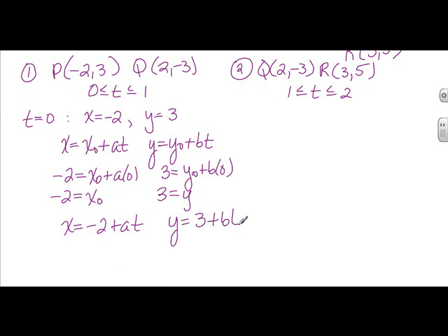Next, I need to figure out a value for a and for b. Well, think about the slope of this line: 3 minus 3 is 6, and -2 minus 2 is -4.